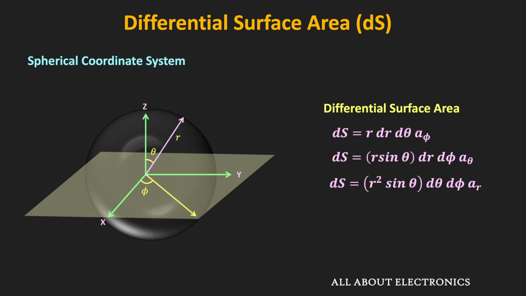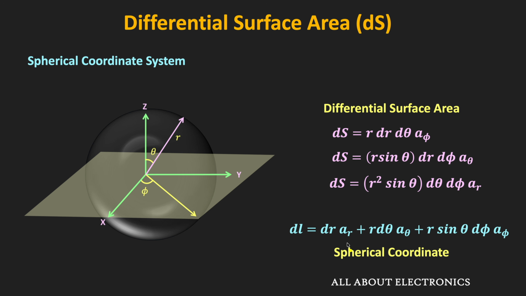So in this way, based on which variable is kept constant, we got the three expressions of the differential surface area in the spherical coordinate system. And as you have seen, each expression of the dS can be easily found by using the expression of the differential length. So in this way, we found the expression of the differential surface area in the three coordinate systems.